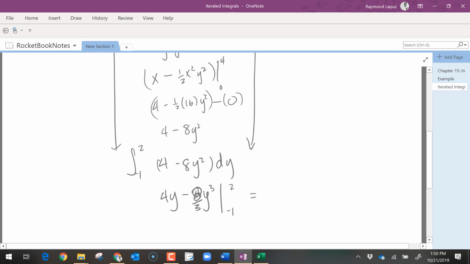So we get 4 times 2 is 8, minus 8/3 times 2 cubed is 8, minus, plugging in -1, 4 times -1, minus 8/3 times -1.